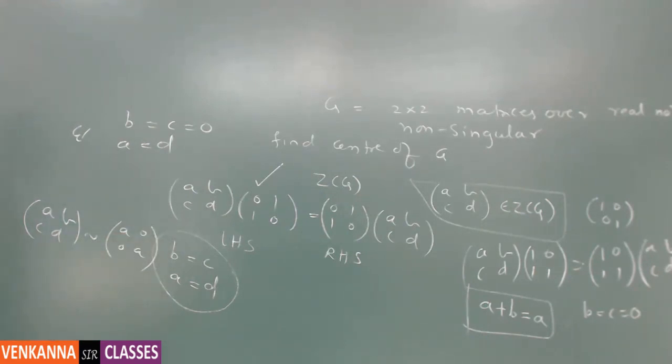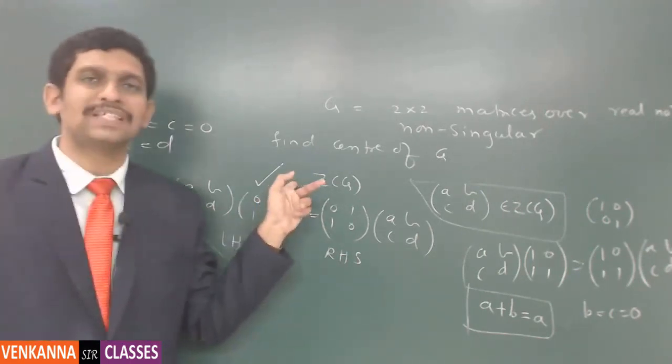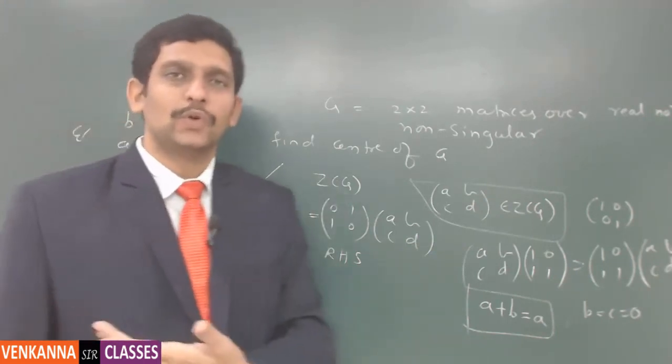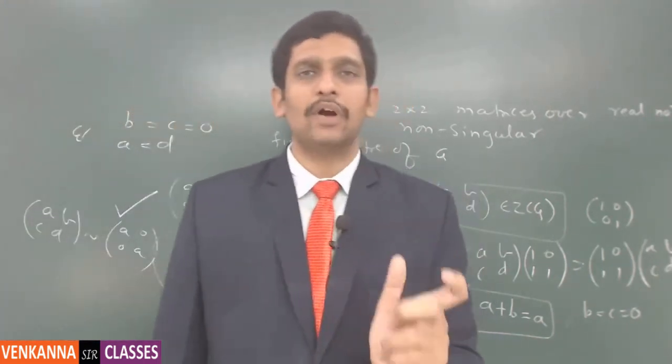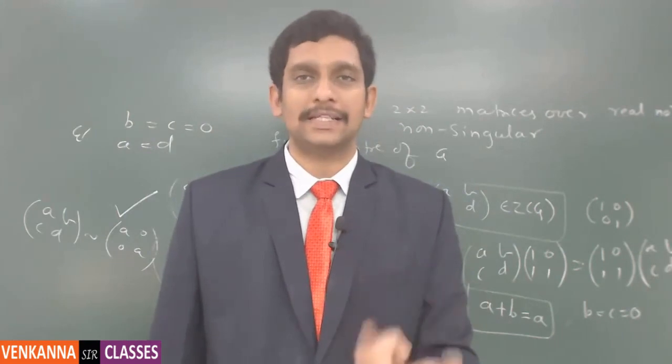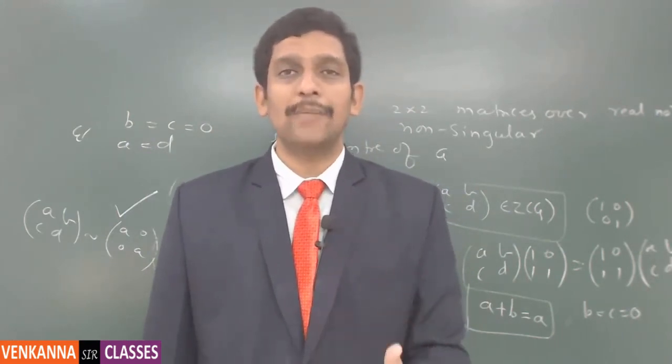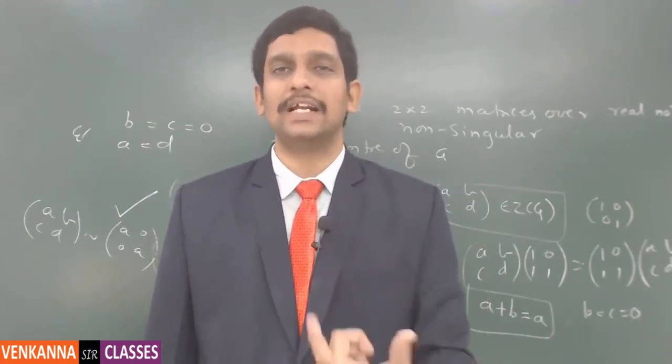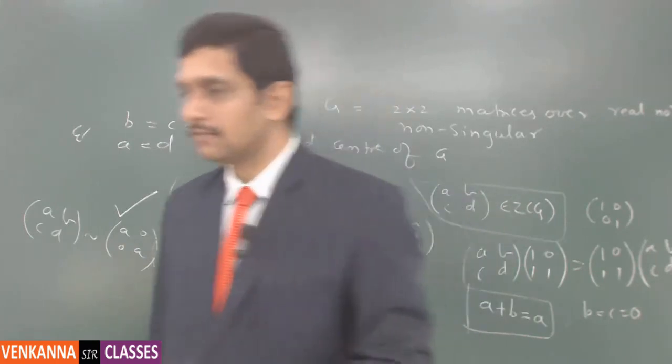If you take any matrix of this form, then this matrix will definitely belong to the center. Technically we call those matrices scalar matrices. So every scalar matrix will belong to the center in this case.